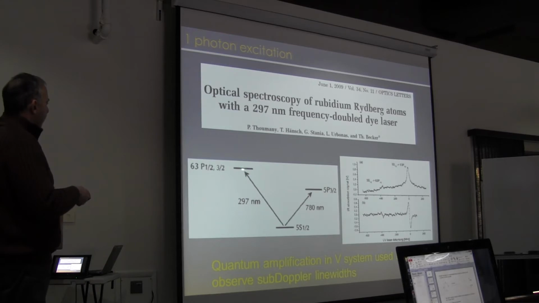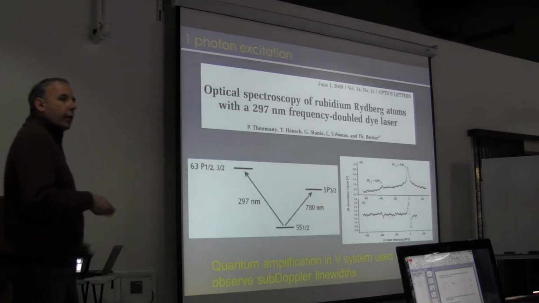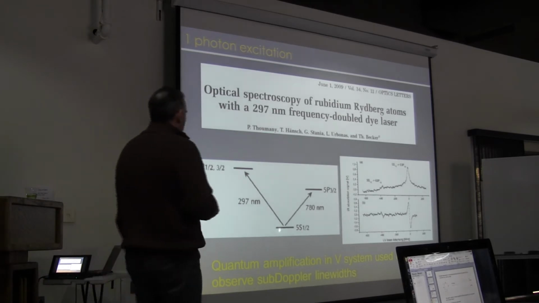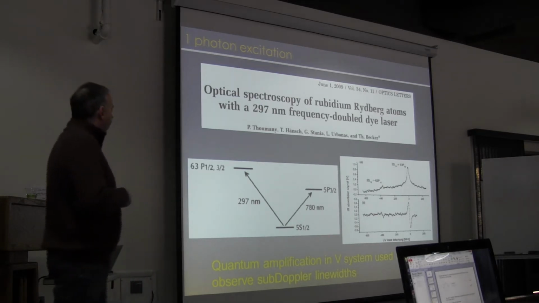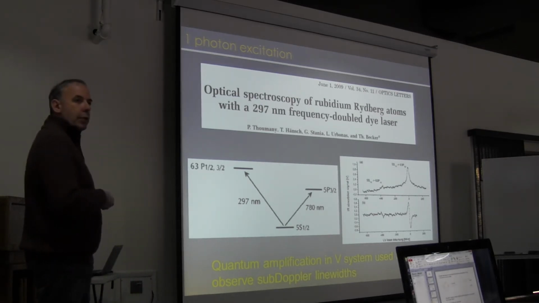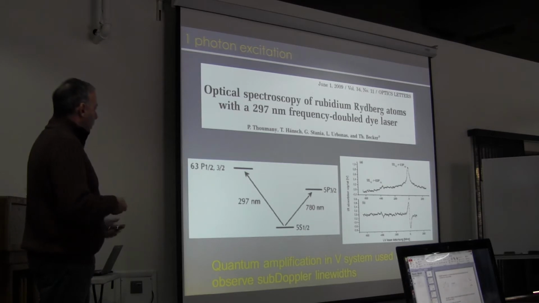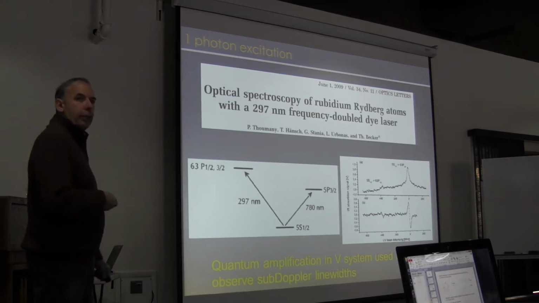When you have successful excitation, it blocks the fluorescence on this transition, which gives you a kind of quantum amplification. So you monitor the 780 fluorescence to deduce whether or not you've excited the 63p. And with co-propagating beams, you can do this in a Doppler-free way and actually extract a Doppler-free profile for the 5s to 63p excitation.